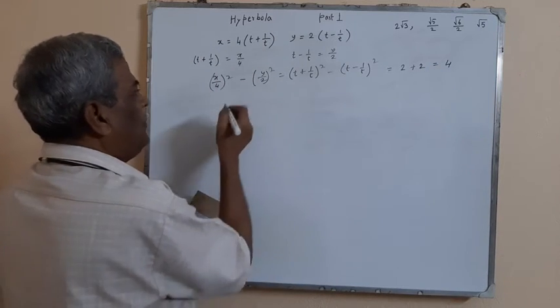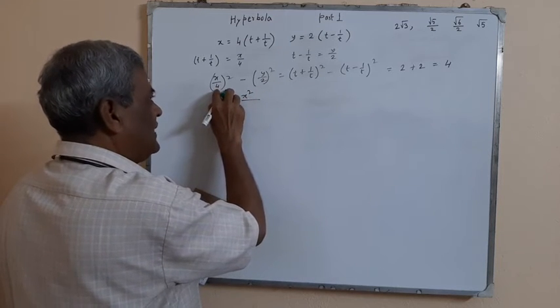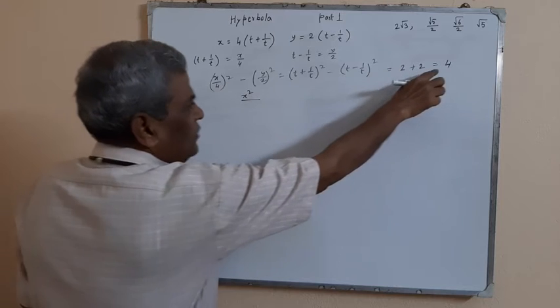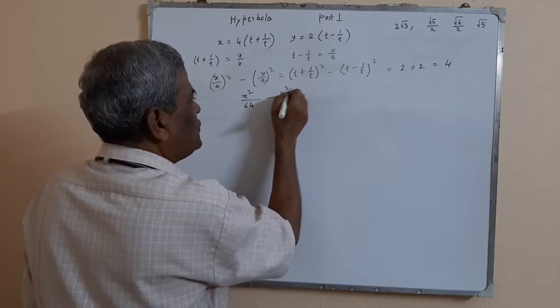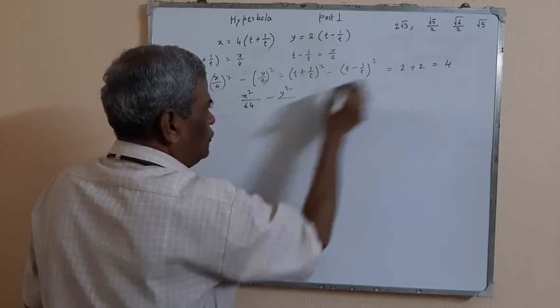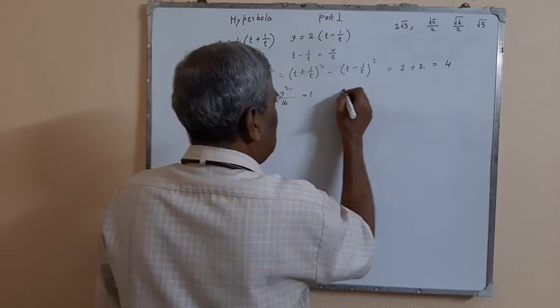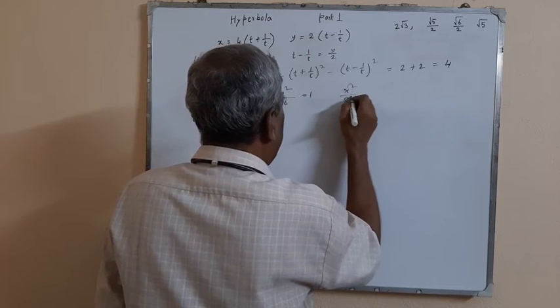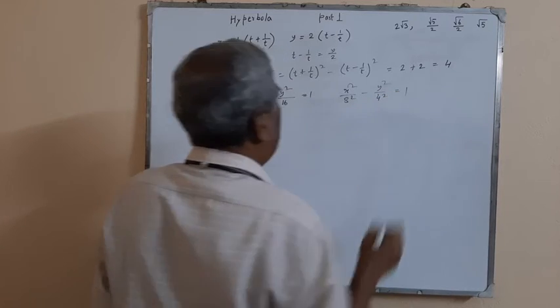So the equation becomes x square by 4 square, that is 16, divided by 4, that is 64, minus y square by 4 into 4, that is 16, is equal to 1. That is x square by 8 square minus y square by 4 square is equal to 1.